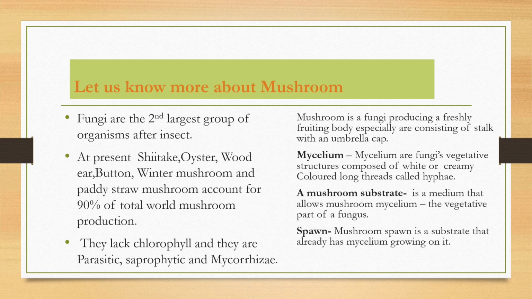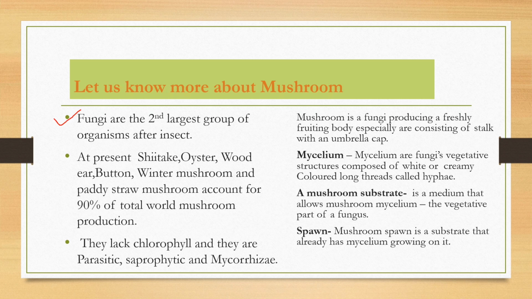Fungi are the second largest group of organisms after insects. Over the decades, the production of button has increased, but the production of other mushrooms has increased much more, as a result of which at present the relative contribution of button in world production is only 15%. It is no more the world number one mushroom.